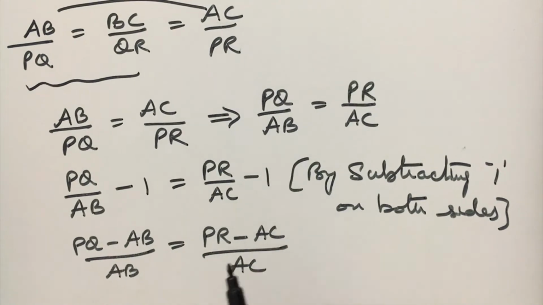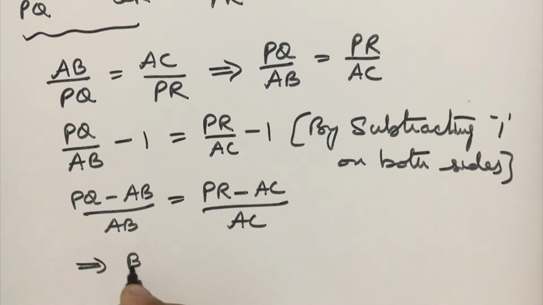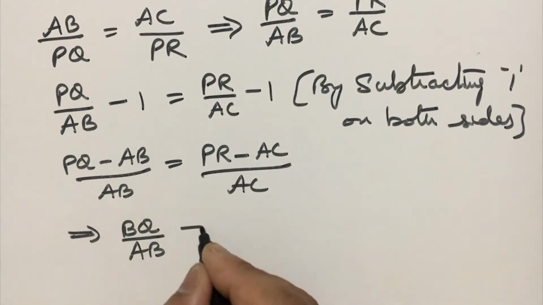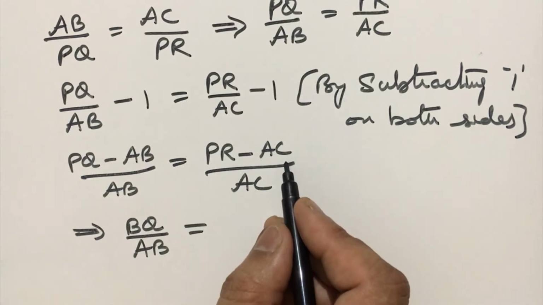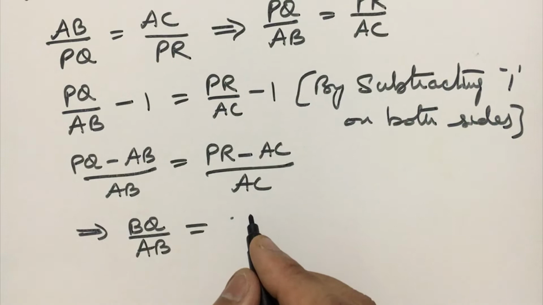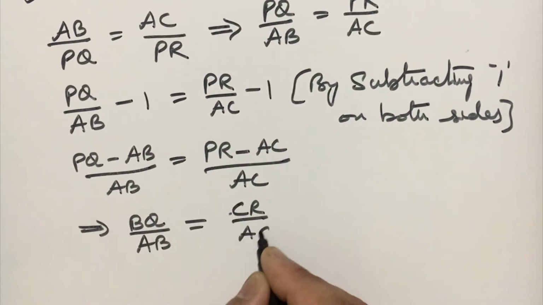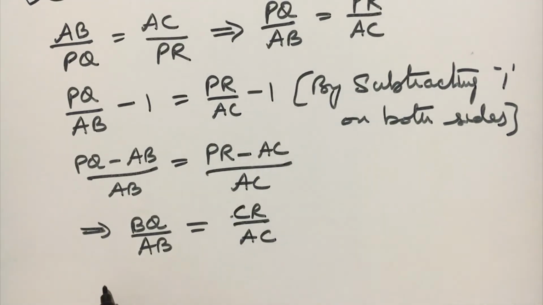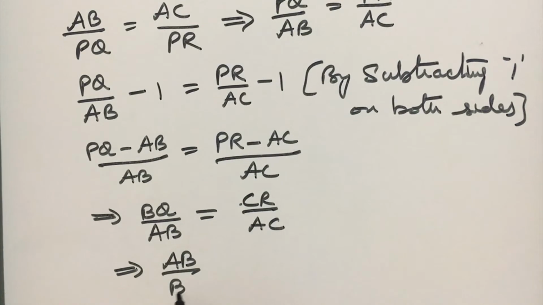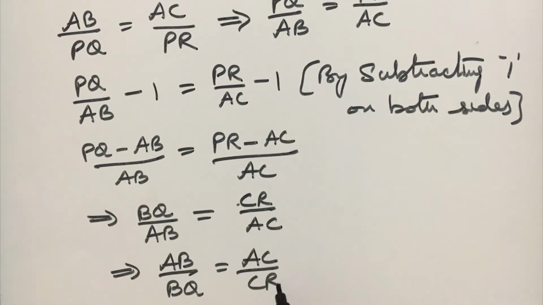From PQ, if we subtract AB in the figure, you are going to get BQ by AB, and from PR, if we subtract AC, you are going to get CR by AC. Now, take again the reciprocal of it. It becomes AB by BQ is equal to AC by CR.